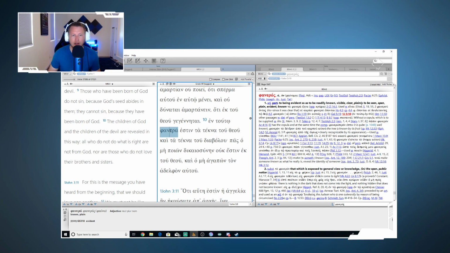It's a predicate adjective. Genitive of relation, are revealed. Semicolon. But I think in this case it's probably more a colon. So I'm actually going to cross that out. We're going to do a colon.